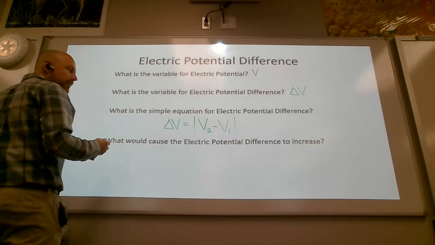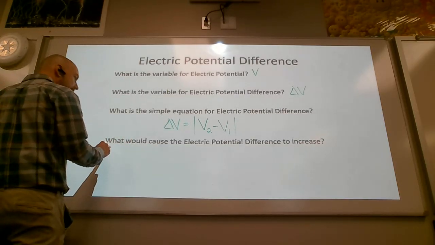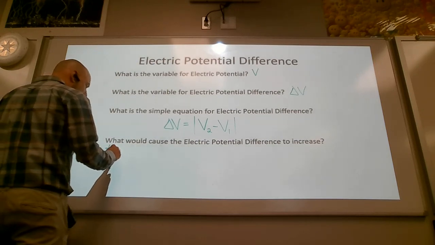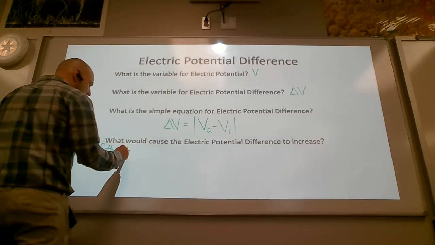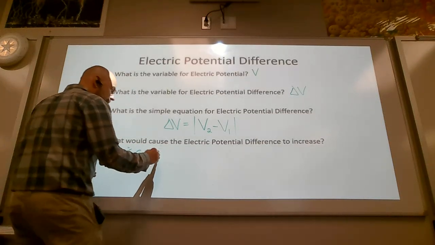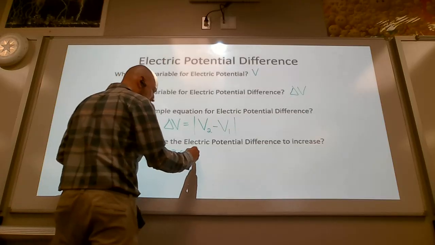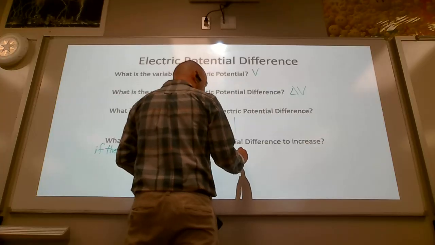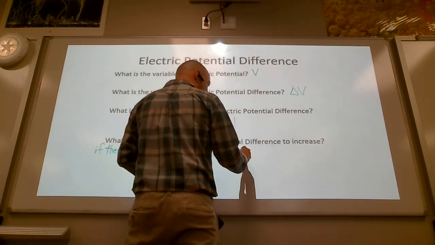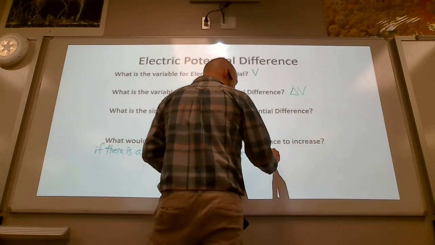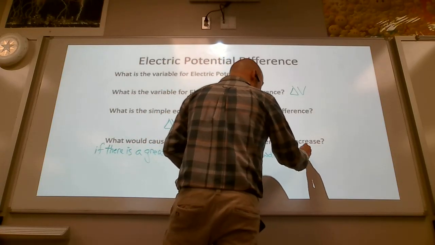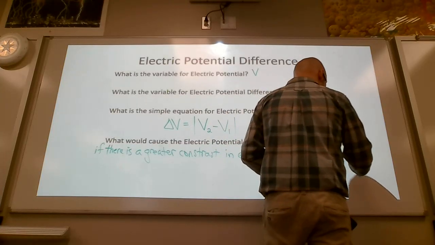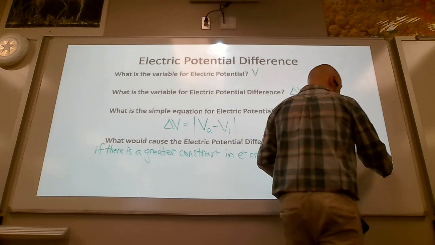What would cause a greater electric potential difference to increase? This would be if there is a greater contrast in electron crowdedness from one spot, one point, to another.